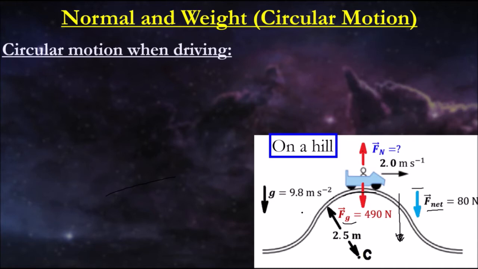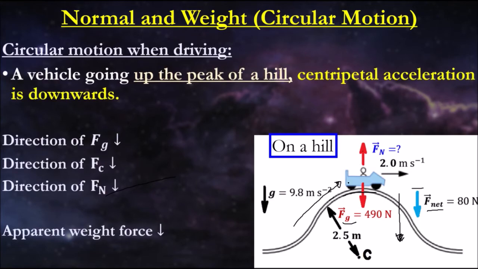So what we should expect as we go to the very top is that the normal force would be smaller. Okay, much lower than the gravitational force. That means your apparent weight force as you reach the top here is lower.